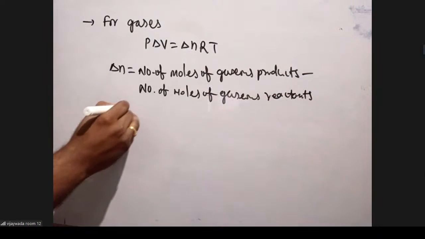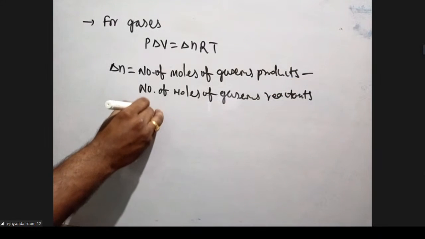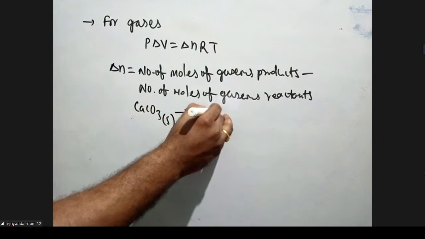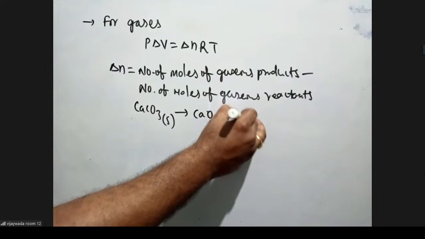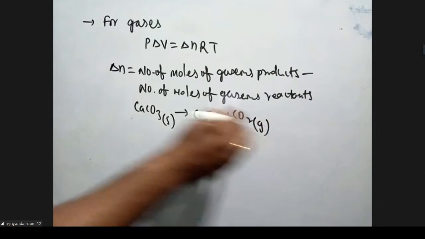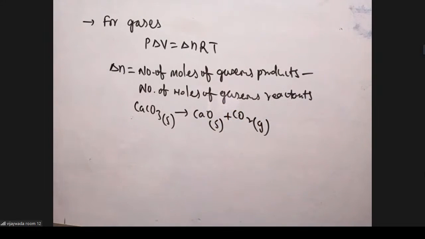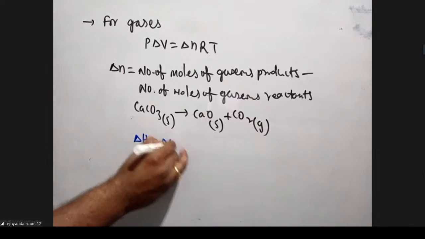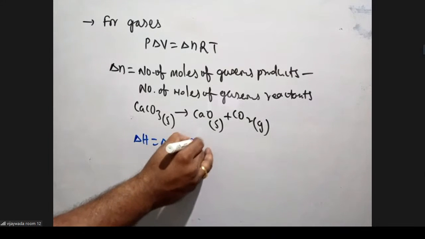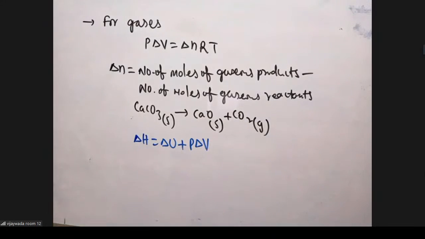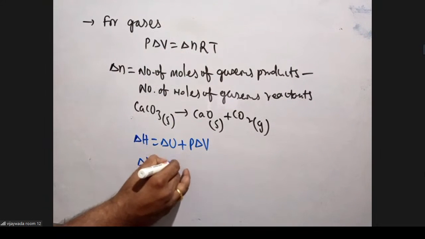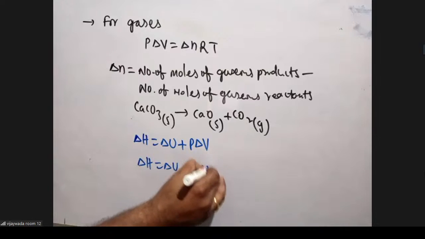Example, CaCO3 solid on decomposition, CaO solid plus CO2 carbon dioxide gas. Now, what is the relation between delta H and delta U? Delta H equal to delta U plus P delta V. P delta V we can write as delta nRT. Delta H equal to delta U plus delta nRT.